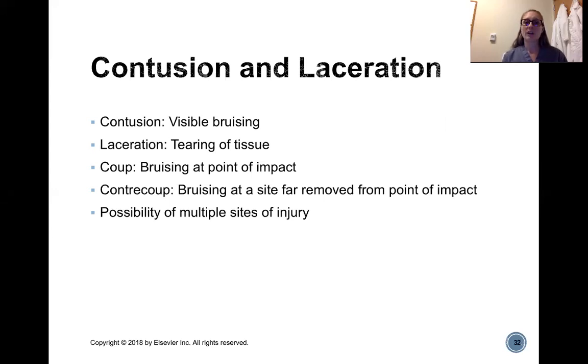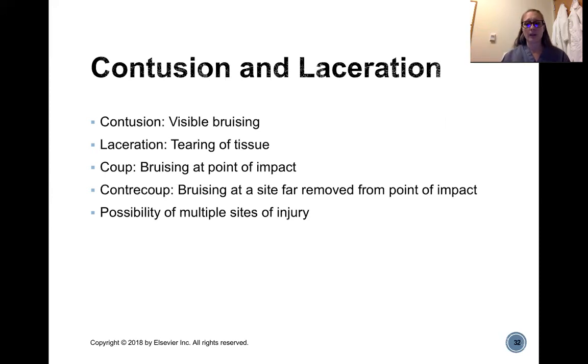When we talk about a contusion and a laceration, we're talking about it in terms of tissue. So you can see we have bruising, we can have tearing. Coup is bruising at the point of impact. So if you hit here and the brain smacks, we're going to have bruising on this side, but then it's going to come and hit in the back of the head too.